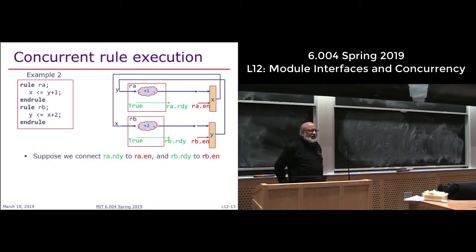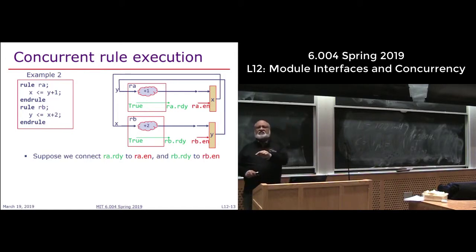I say, look, as long as the ready signal is true for this rule, you can enable it. That's like saying connect RA ready to RA enable, and RB ready to RB enable, which I can show by drawing the circuits here. If you didn't see it, those are the dotted lines connecting these things.